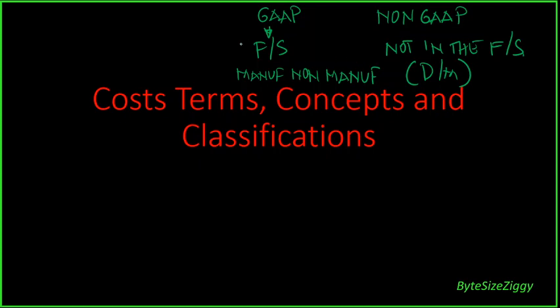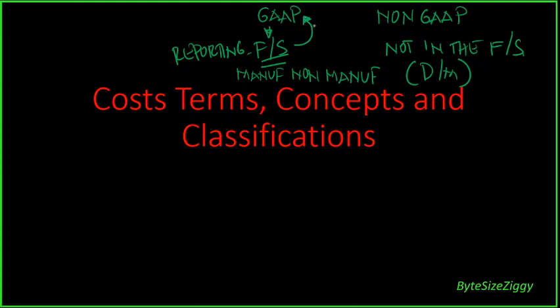Okay, for GAAP costs, since they are found in financial statements, they are used for financial reporting purposes. Since these are costs found in our FS, they follow standards in the preparation, valuation, and presentation. That's why it's called GAAP costs.